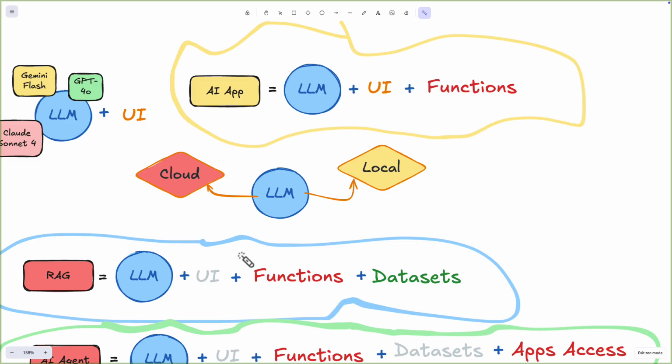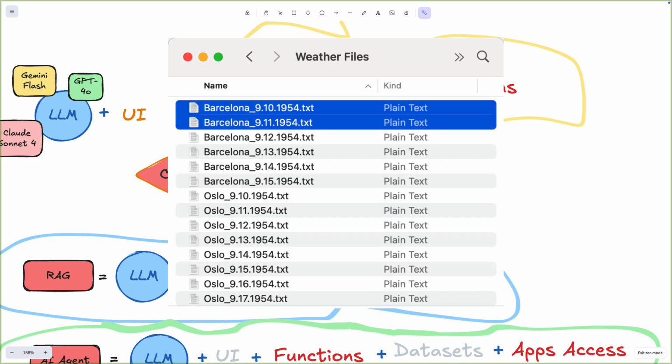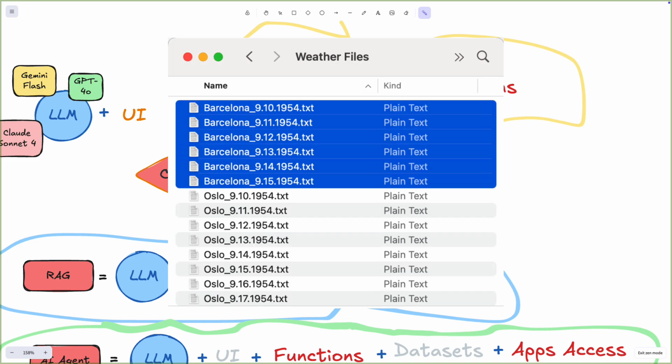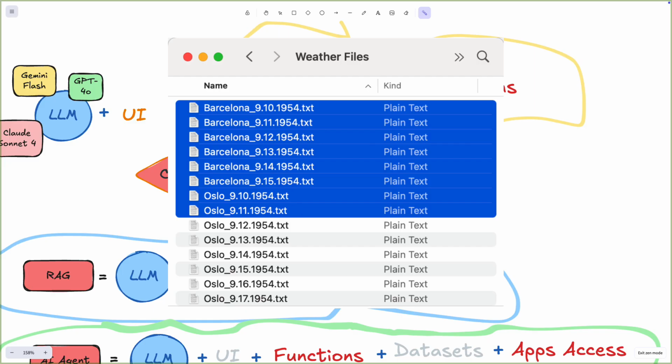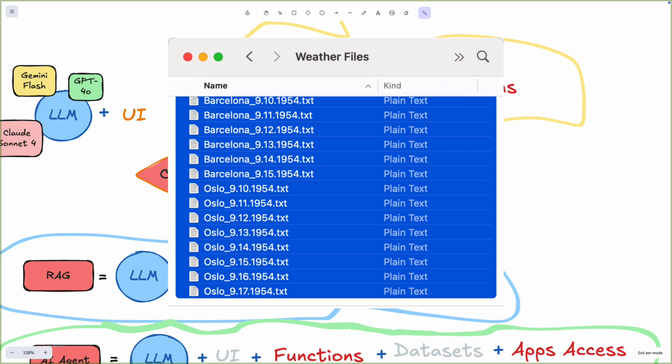Well, let's say you want to make a chatbot where the user can ask queries about data, about weather, historical weather data. The problem is the LLM doesn't have that information, but that information can be provided, for example, as text files or CSV files from the European weather dataset website.